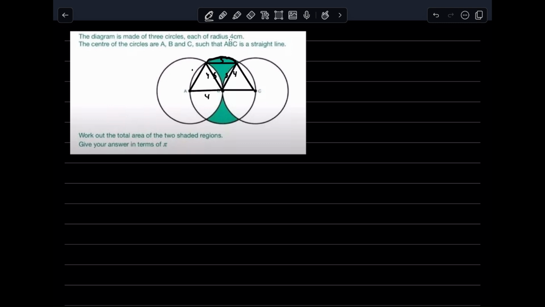Okay, now these all have lengths 4. So this is an equilateral triangle, this is an equilateral triangle. Therefore, this is an equilateral triangle, as the angles on a straight line add up to 180. Okay, now why is this region S, this region is S, and this region is S?